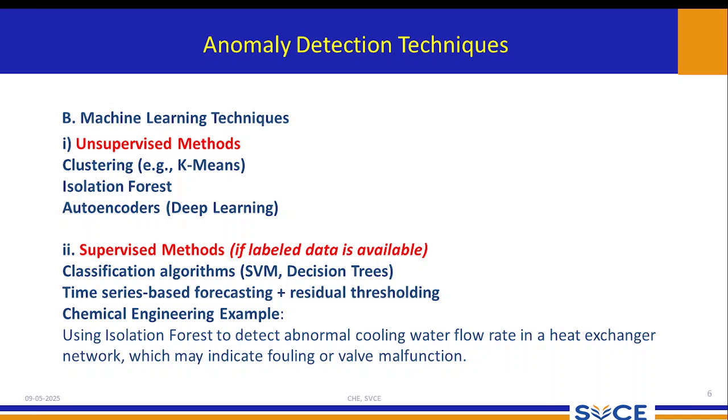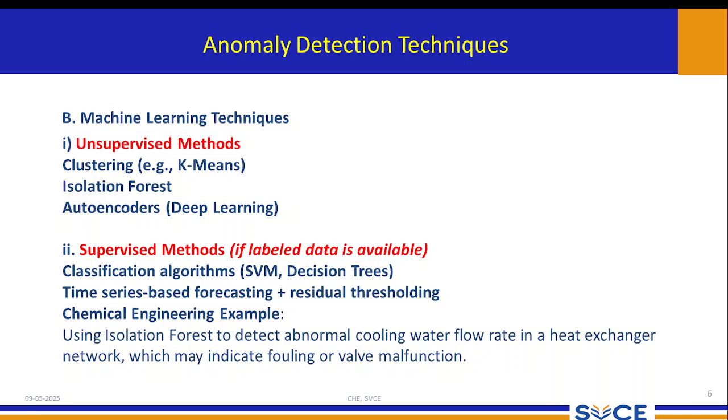Using isolation forest to detect abnormal cooling water flow rate in a heat exchanger network, which may indicate fouling or valve malfunction. So the flow rate may vary because of malfunction of the heat exchanger.